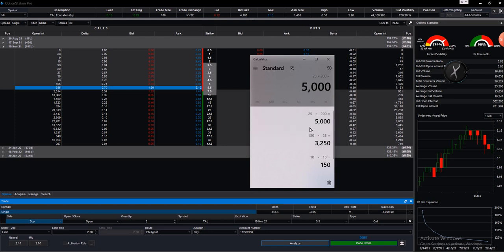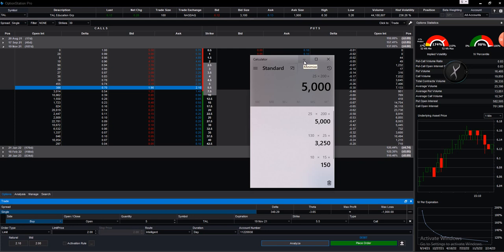So our $2.50 stock price movement is gonna fetch us a nice return. It looks like a $17.50 return, just under 2,000 for a $2 to $3 stock move.